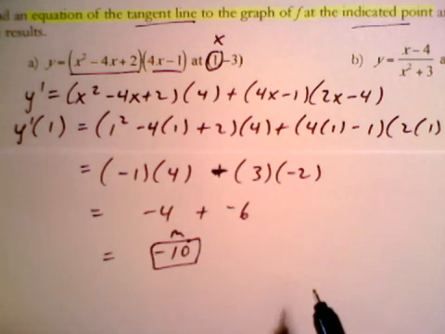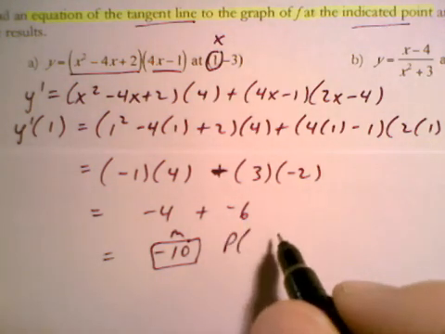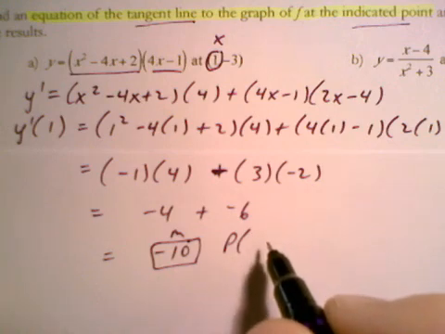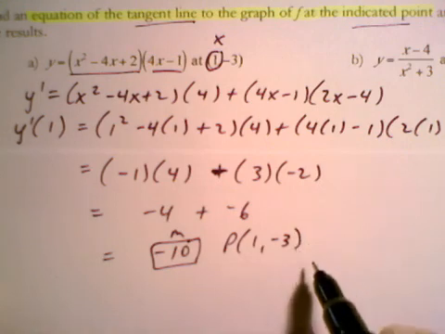Well, negative 10 is just the slope. And if you remember, we were asked to find the equation of the tangent line, and so I want to reiterate that the point that we're going to be finding this equation for is the point 1, negative 3.